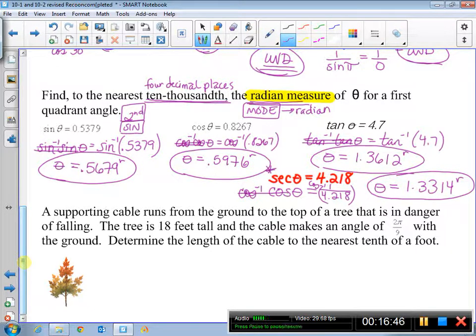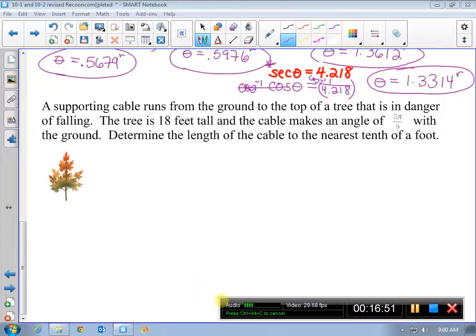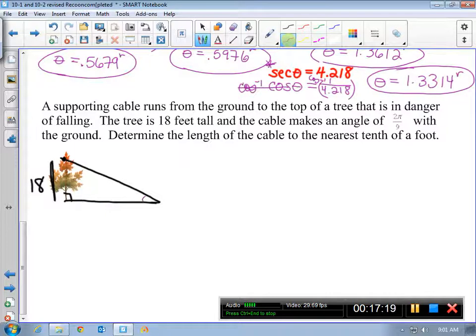Okay, quick word problem. A supporting cable runs from the ground to the top of a tree that is in danger of falling. So we have a support cable. The tree is 18 feet tall, and the cable makes an angle of 2 pi over 9 with the ground.